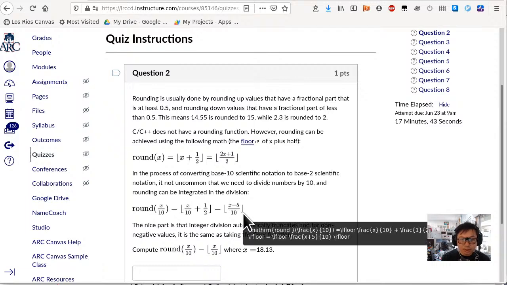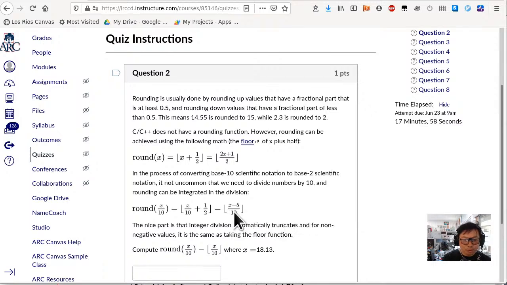But in C and C++, if you're talking about unsigned integers, then division by itself is dividing and then taking the floor, because that's the whole point of integer division. So that means we just need to add 5 to this particular value, and then divide the whole thing by 10, and then take the floor of that. That will give us 2.